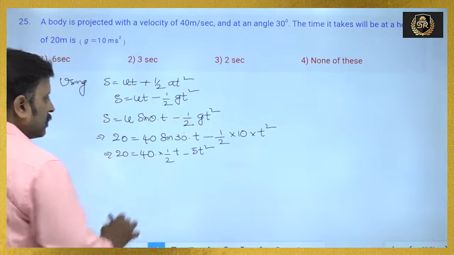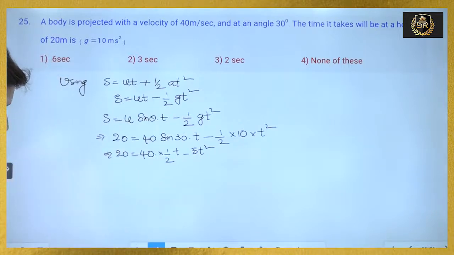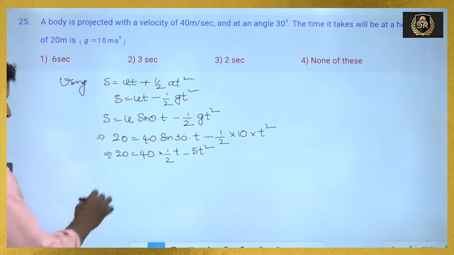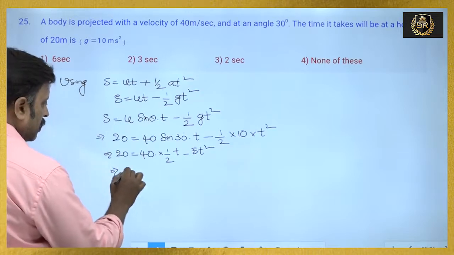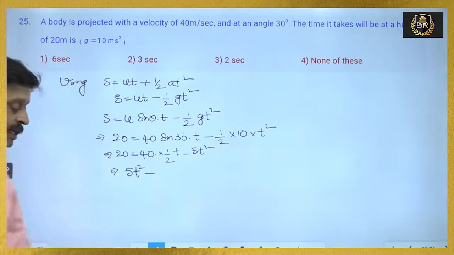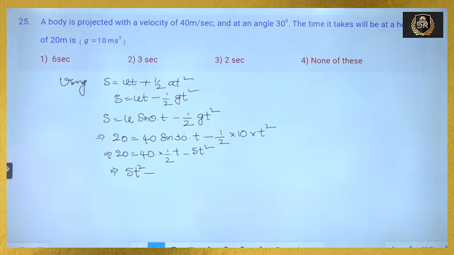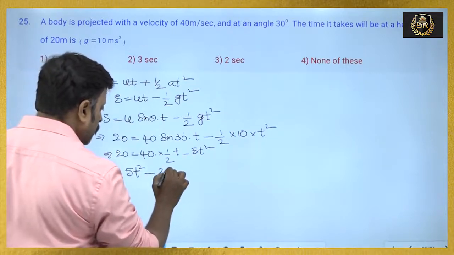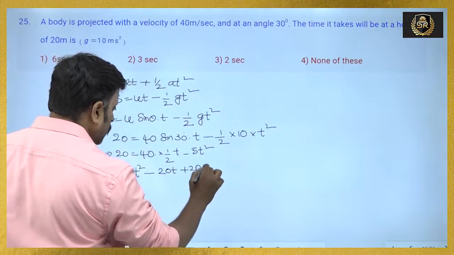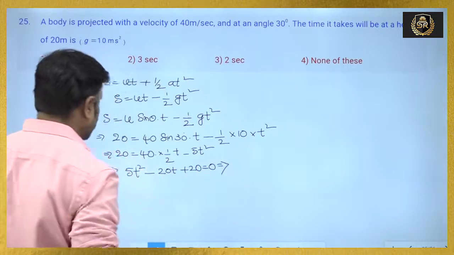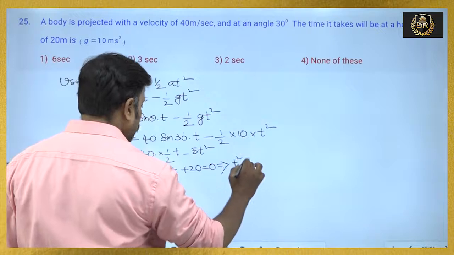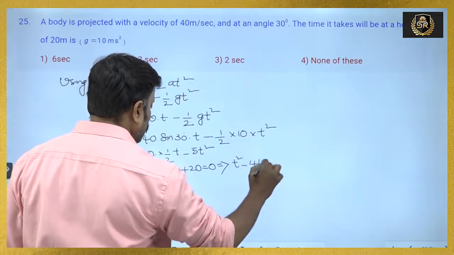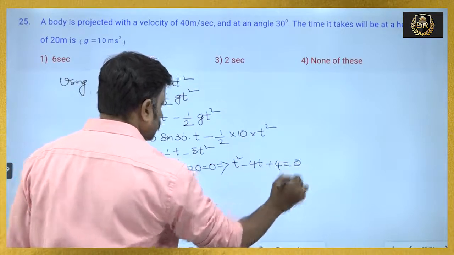Okay, you can cancel this 4 here. Ultimately, this equation can be written as a quadratic equation, 5t square minus 20t plus 20 is equal to 0, which may also be written as t square minus 4t plus 4 is equal to 0.